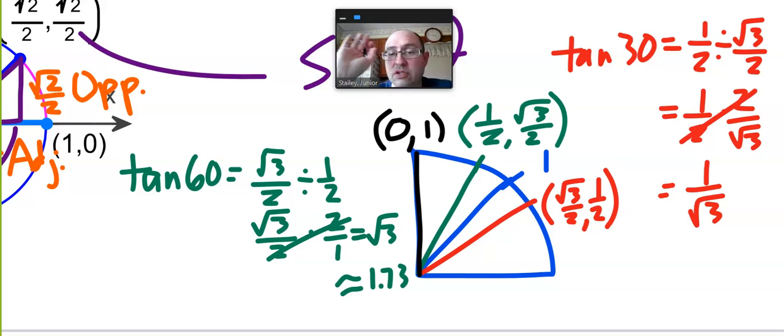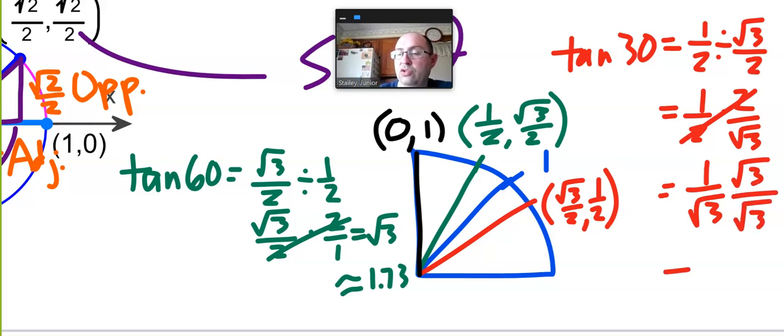But math teachers from a very old process, they love to rationalize denominators, and a lot of them make you do it. Math Excel definitely makes you do it most of the time. So rationalizing this would be to multiply the top and bottom by radical 3 so that the denominator ends up being a nice number.